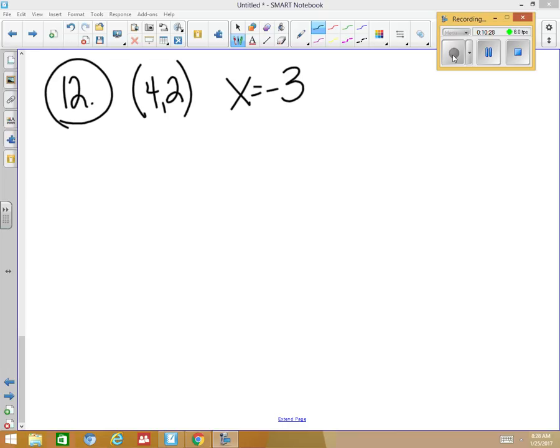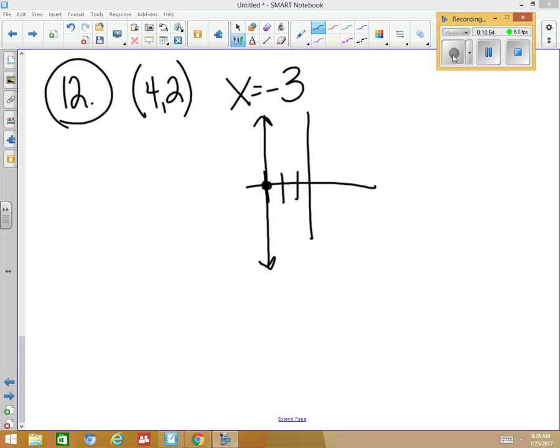A Y. Oh, yeah. Okay, so when we have x equals something, what kind of line is that? Say it, do it. Vertical. Yeah, vertical. It's opposite when you do the line, okay? If it's x equals -3, the point would be right here, and all of the x's are -3, okay?